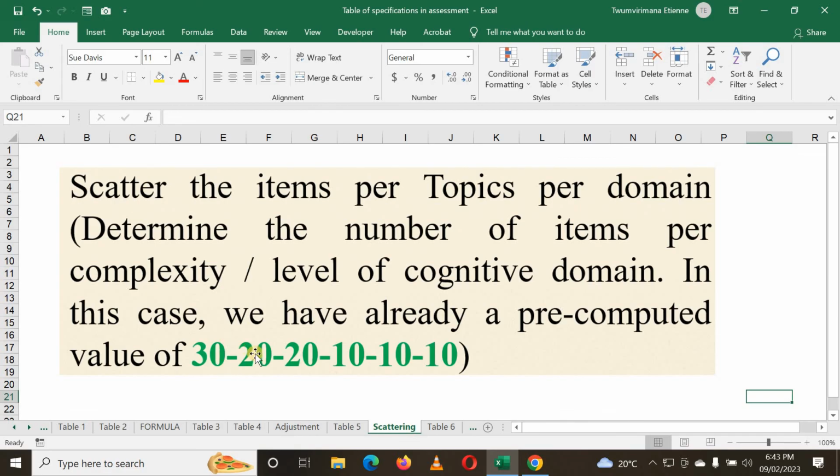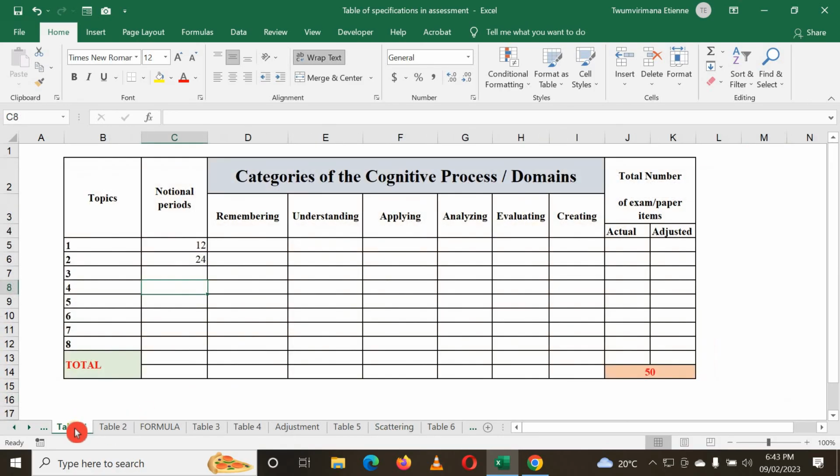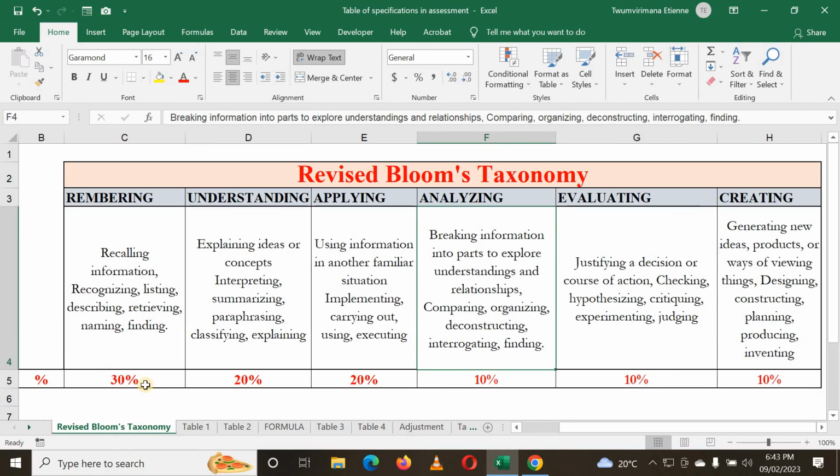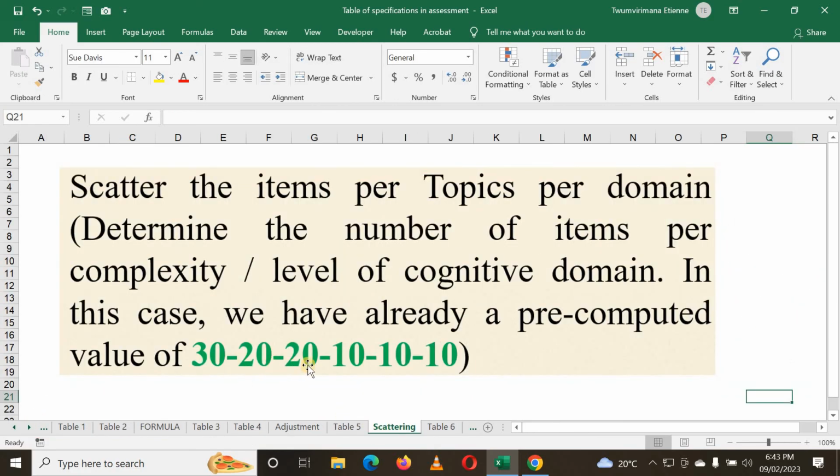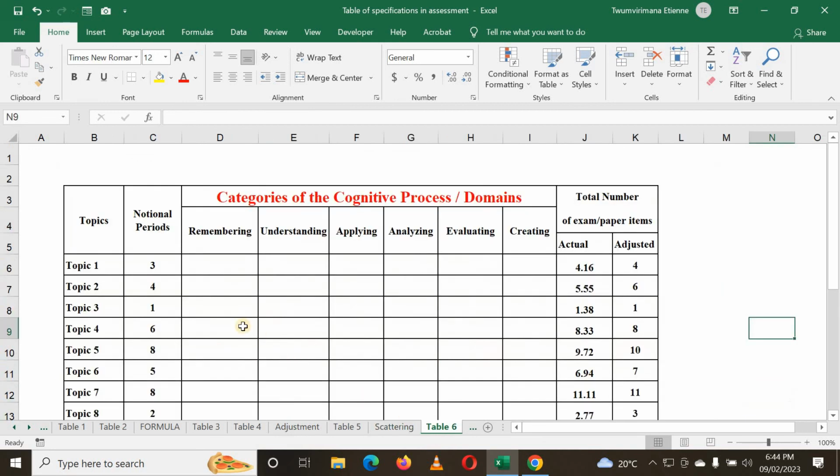Remembering what we have in this level or in this domain, you remember what we had from the beginning. This is the percentage that I'm talking about that we're going to use to scatter our assessment here. Let me just show you. 30, 20, 20, higher order thinking, 10, 10, 10. I go to table 6.